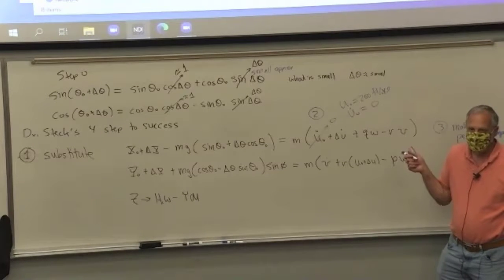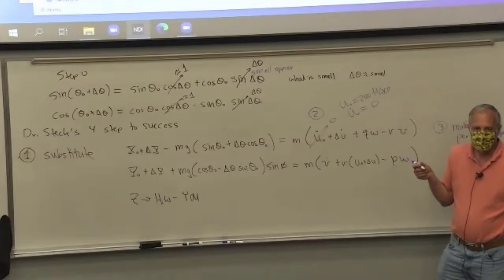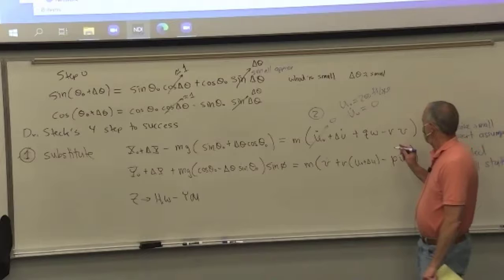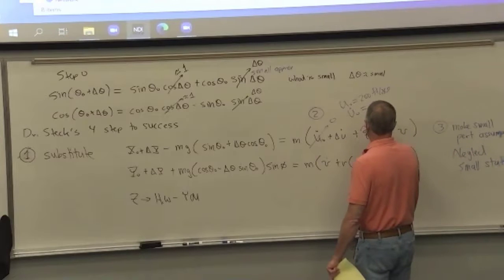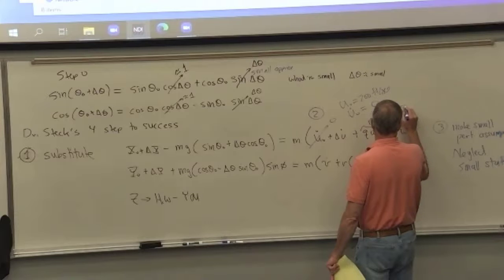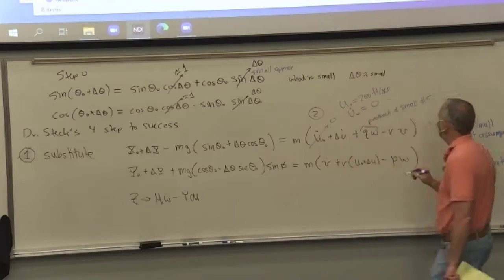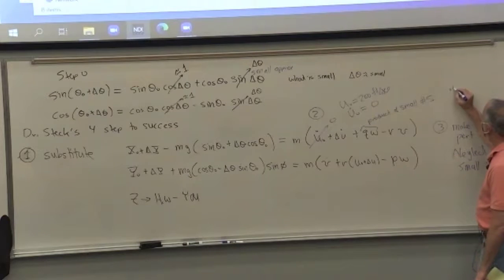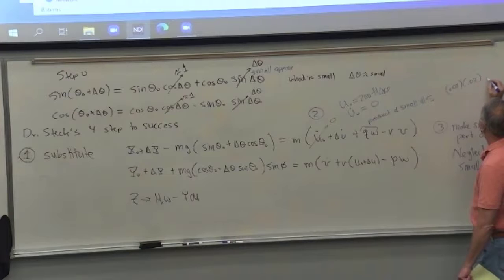All right, but that doesn't mean we can necessarily throw it away just because we don't like it. We have to have a good reason for it. So this is a product of small numbers. So can we do anything with that? So maybe we're talking about like 0.01 times 0.02.